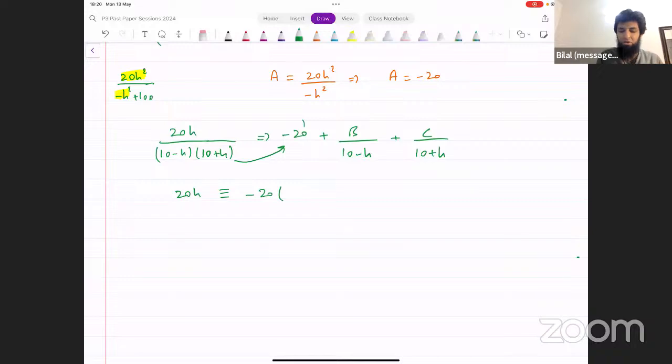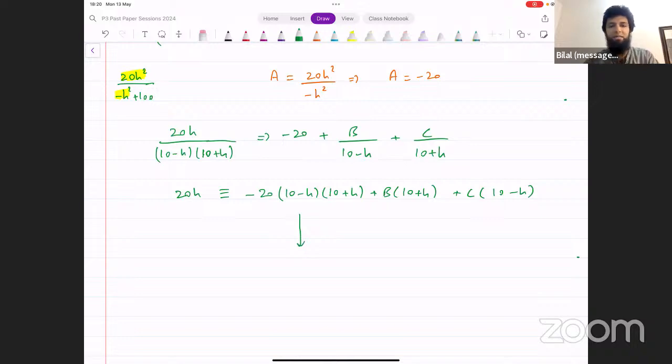Remember, this denominator also gets multiplied with minus 20. So you have minus 20 into 10 minus h into 10 plus h plus b into 10 plus h plus c into 10 minus h. Input h equal to 10 once, input h equal to minus 10 once. Find the values of b and c, and then integrate each term separately. Okay, you can do that, right?